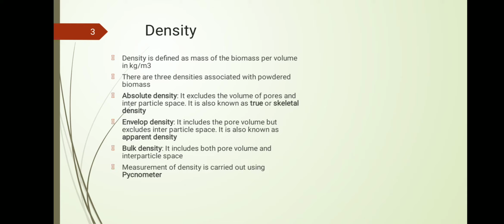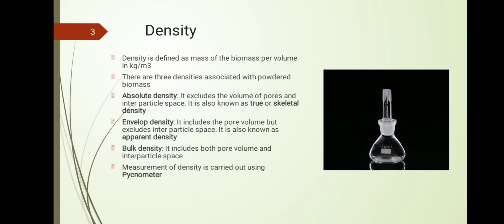The measurement of density is normally carried out using a small device known as a pycnometer. So this is the pycnometer. Simply we will use Archimedes principle. We will have some reference liquid and we will put our biomass, and that volume change we will measure, and we can also measure the mass of that sample using micro weighing machines.